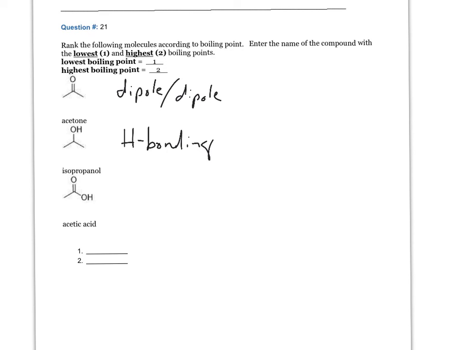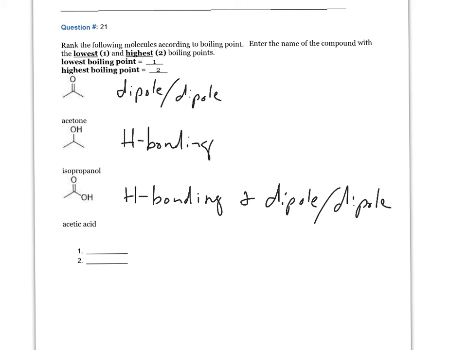And then the carboxylic acid below has hydrogen bonding there, similar to the alcohol, but right next door is a carbonyl. So it has hydrogen bonding and dipole-dipole. So acetic acid would have your highest boiling point, and the lowest would be acetone among those three.